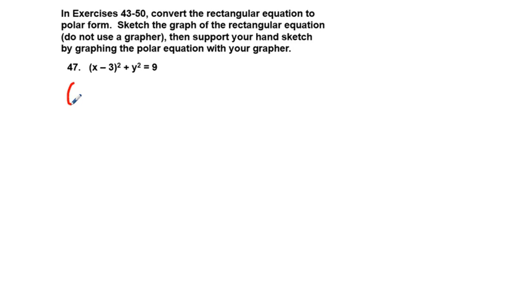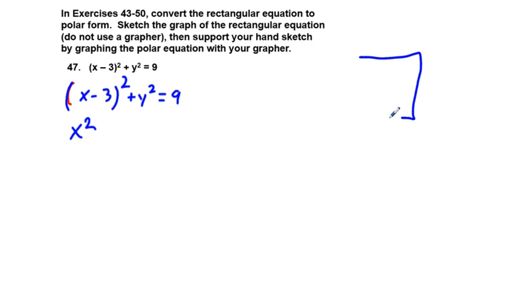So I'm going to rewrite this as quantity x minus 3 squared plus y squared equals 9. And so multiplying this out, expanding, quantity x minus 3 squared, we're going to get x squared. And this x minus 3 squared is going to come out like this.